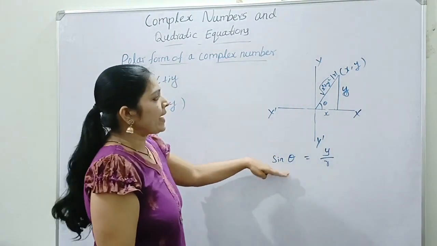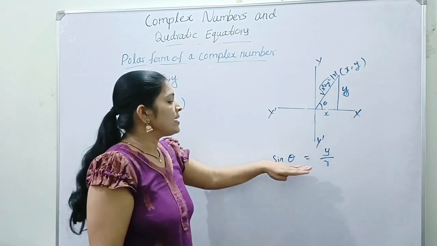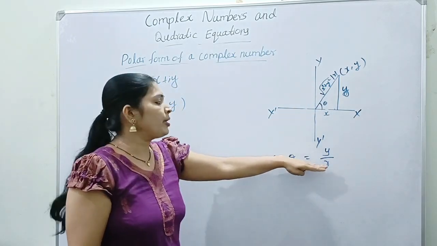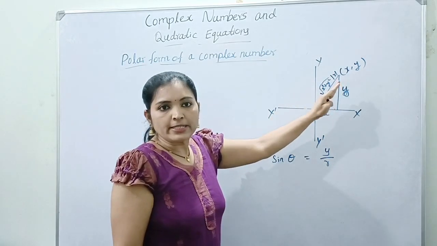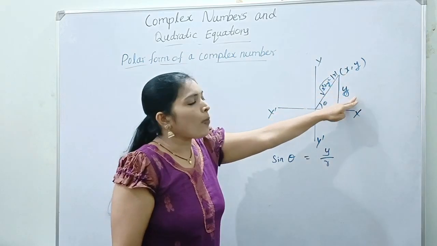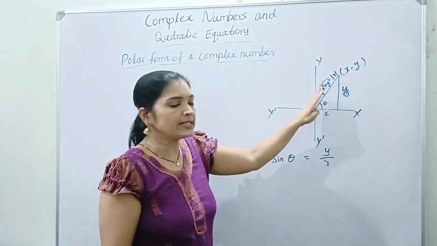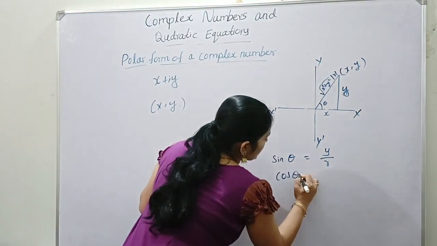Here theta is called the argument of the complex number. Sin theta is equal to y by r. Why? Because it is a right angle triangle, we can apply Pythagoras theorem. Sin theta is equal to opposite side divided by hypotenuse, that is y divided by r. So what about cos theta?